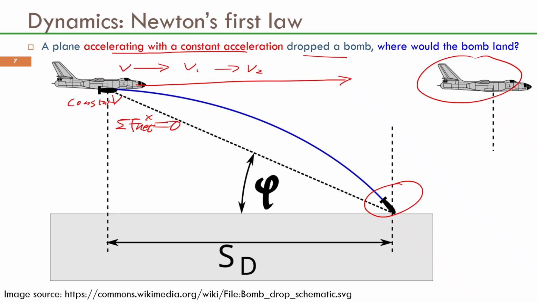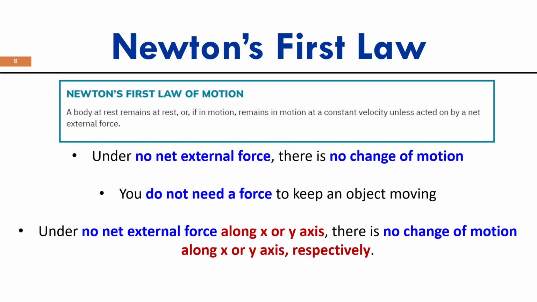Alright, let's summarize what we have discussed today. The key thing about Newton's first law is that under no net external force, there is no change of motion. And you do not need a force to keep an object moving. For example, if an object moves with constant velocity, the force may be zero. Maybe there is no force at all.